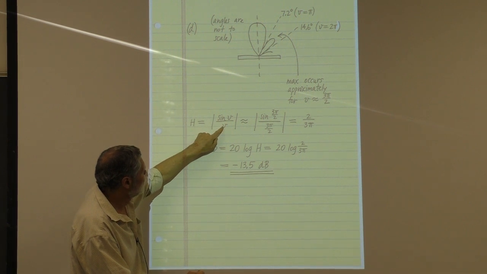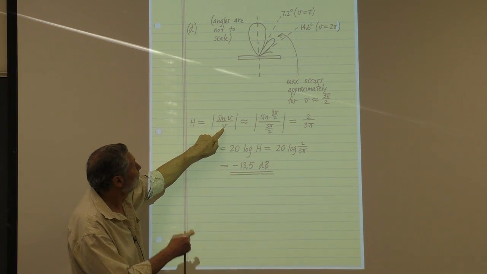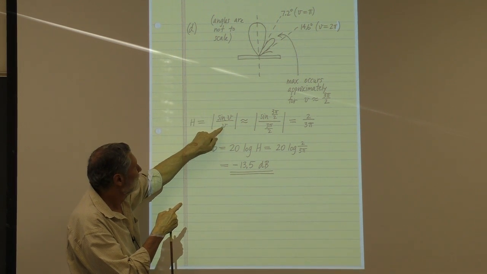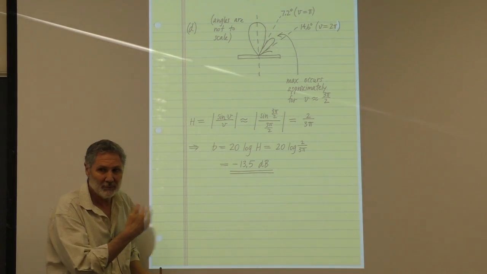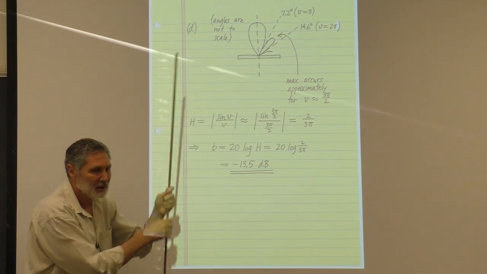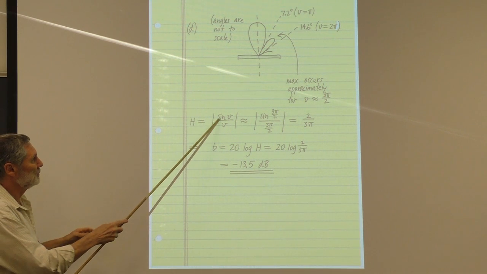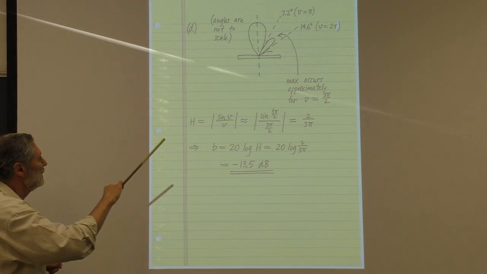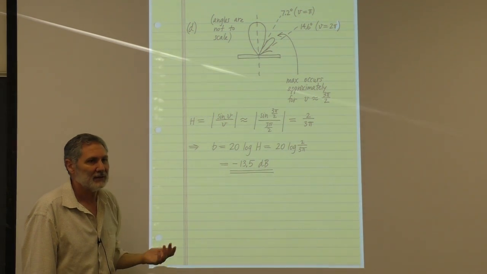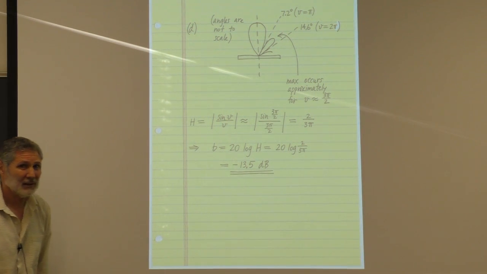But if you go a little bit less than 3 pi over 2, 1 over this is going to be bigger. So this slants the whole thing. This has a peak at 3 pi over 2, but when you include this in here, it's going to favor smaller values. So the actual value will be somewhat less.